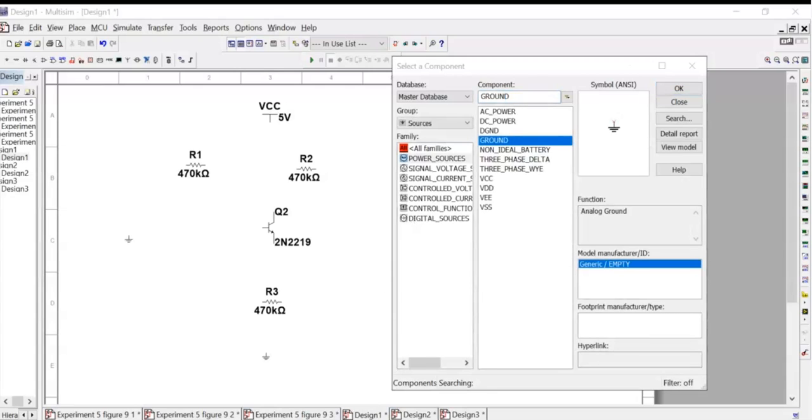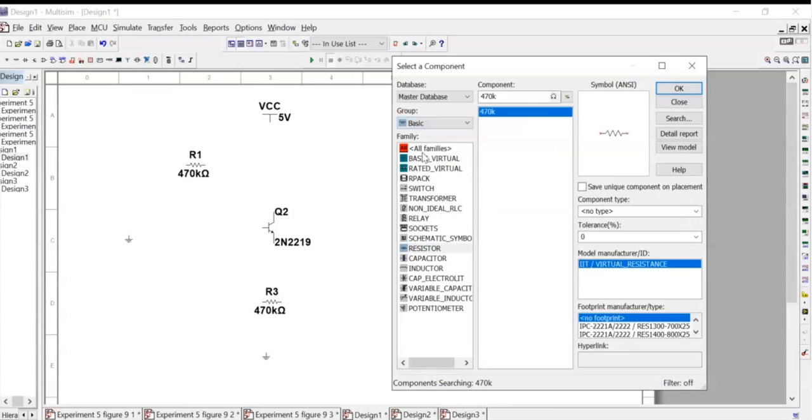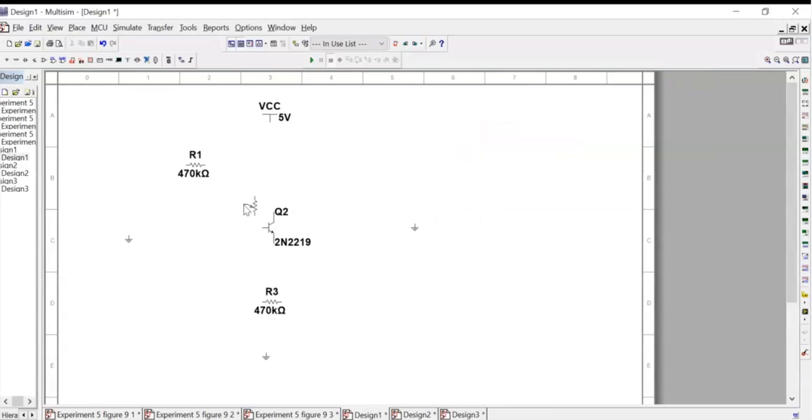Check the circuit. So 2219. We have a potentiometer. We need to use RC, not a resistor, but a potentiometer of 20 kilohms. So we need to replace this one with the potentiometer.